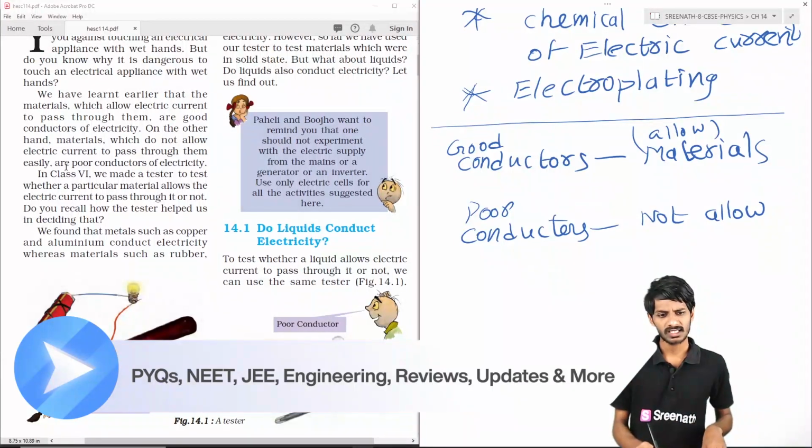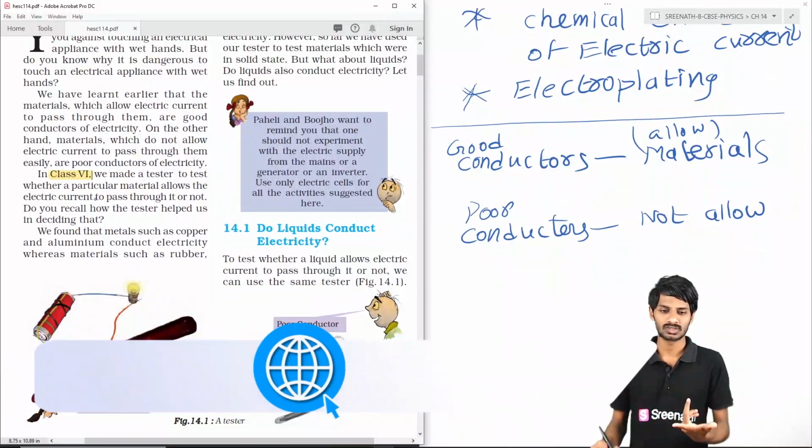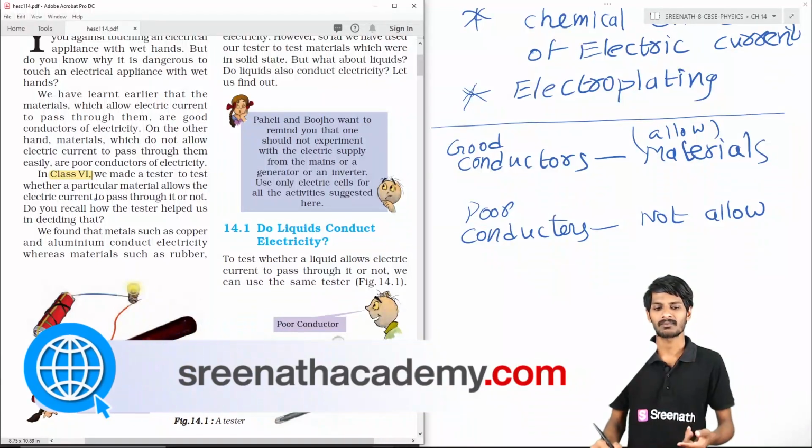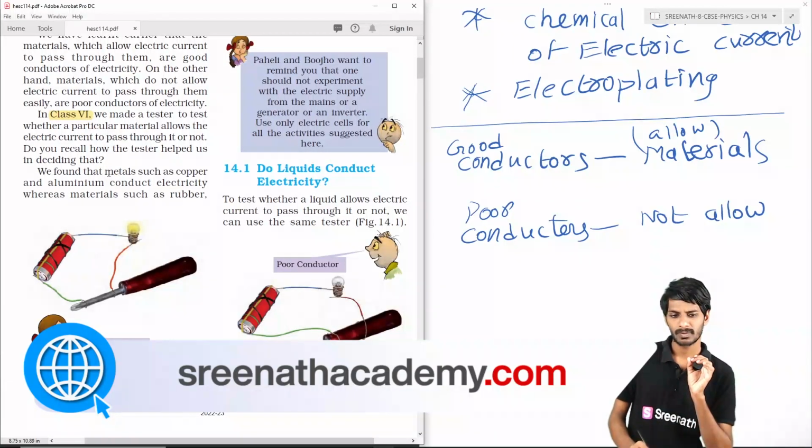In class 6, students, we made a tester to test whether a particular material is a good conductor or a poor conductor. Just recall that tester, students. Metals like copper and aluminum conduct electricity.